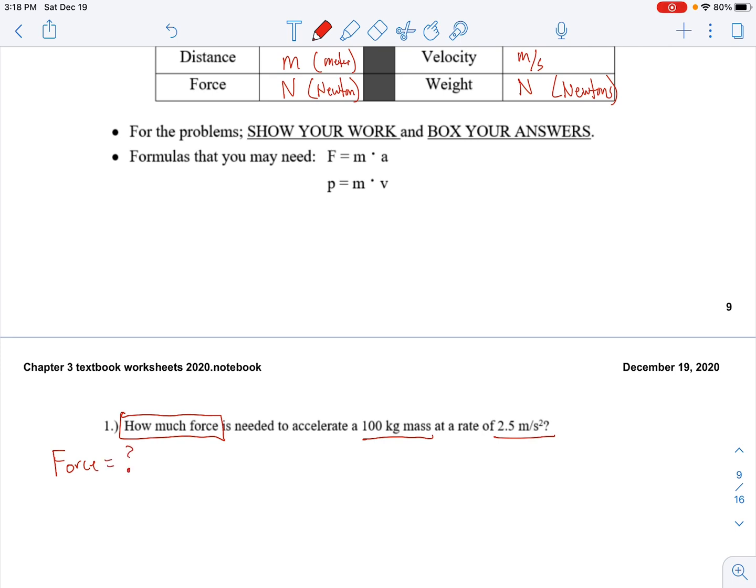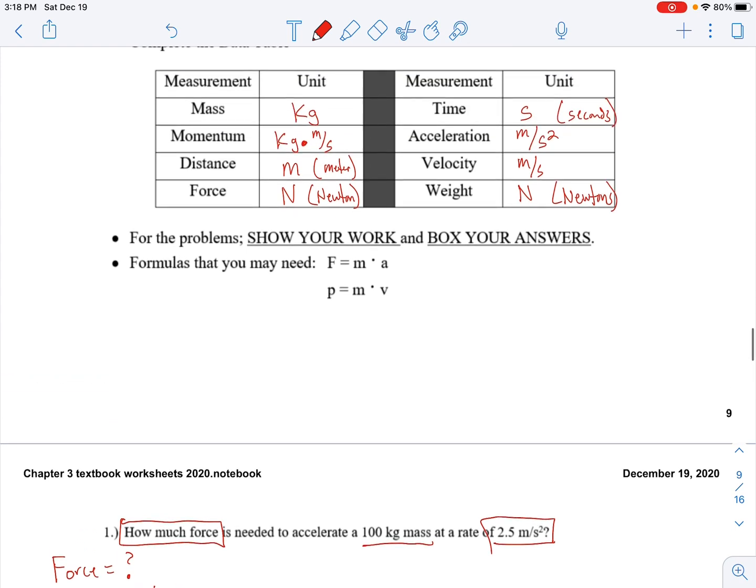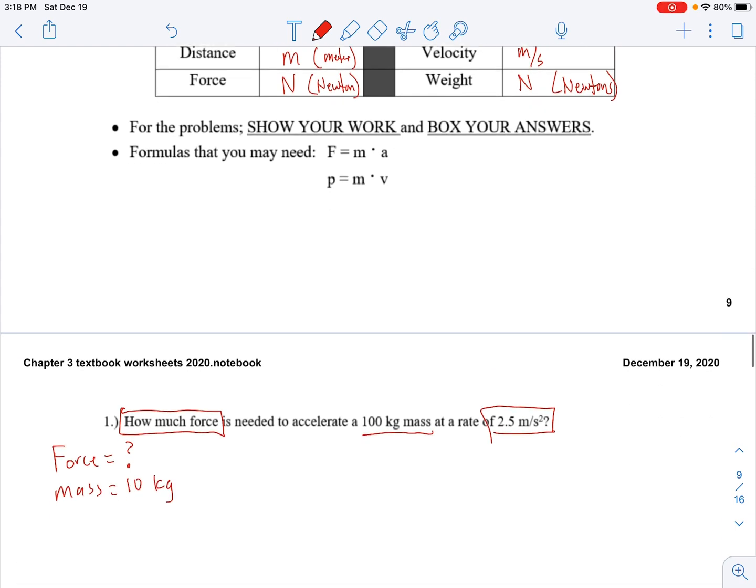I have a 10 kilogram mass, so I know what a mass is. And meters per second squared. If I'm not sure what this is, I can go back up here. Like, oh, that's acceleration. So acceleration is 2.5 meters per second squared.